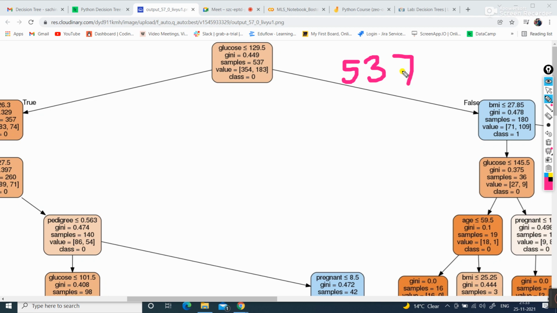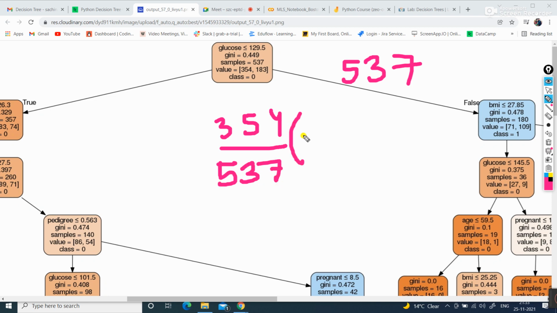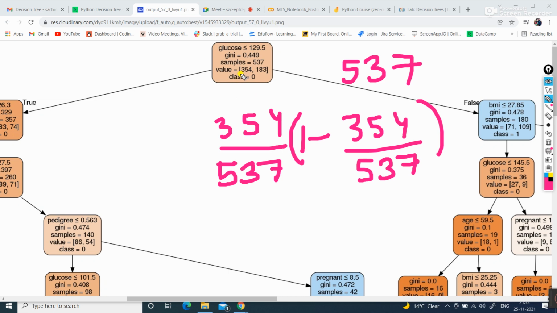Now I am going to define 354 upon 537 into 1 minus 354 upon 537. This is the first class and this is the second class, meaning this much is for level 0 and this one is for level 1.